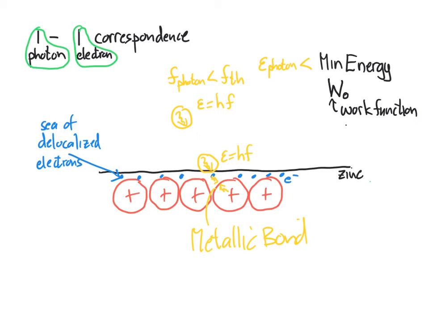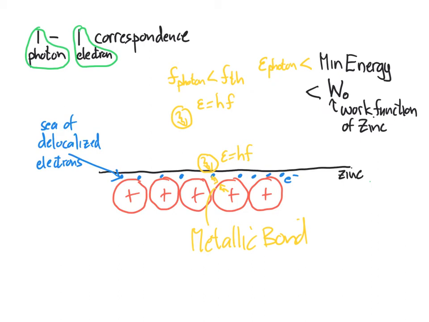So this would be the work function of the zinc. That is an indicator of the strength of the metallic bond. So the stronger the metallic bond, the higher the minimum energy required for an electron to break free from the metal kernels, and therefore the higher the work function of the metal.